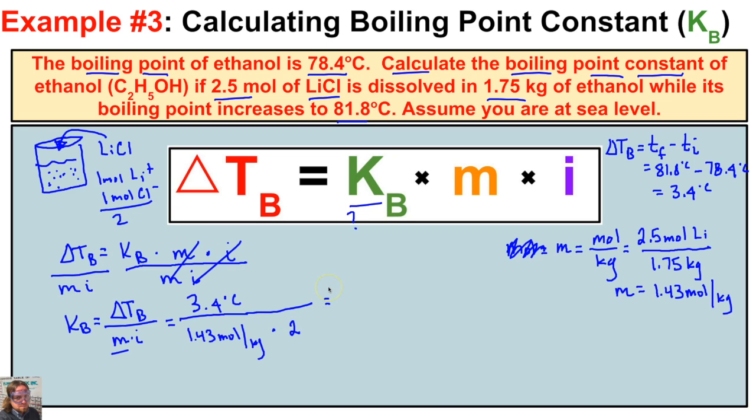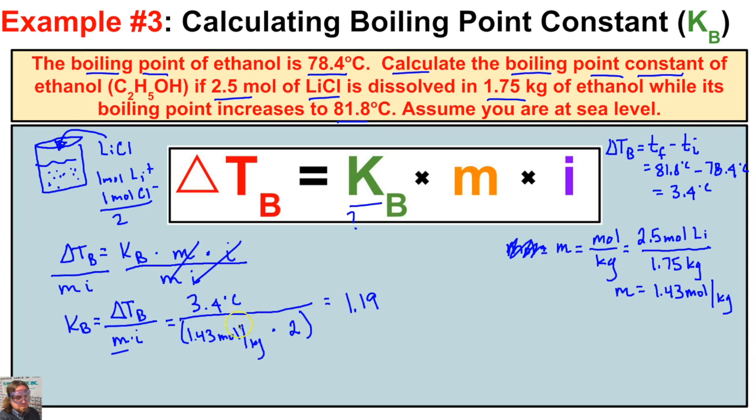So we'll put this in our calculator. We take 3.4 and divide this by the denominator. If we multiply these two terms, we need to put them in parentheses in our calculator: 1.43 times 2. And we're going to end up with approximately 1.19. 1.19 what?